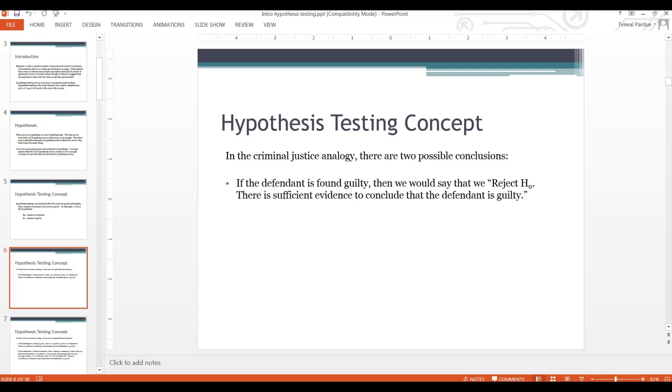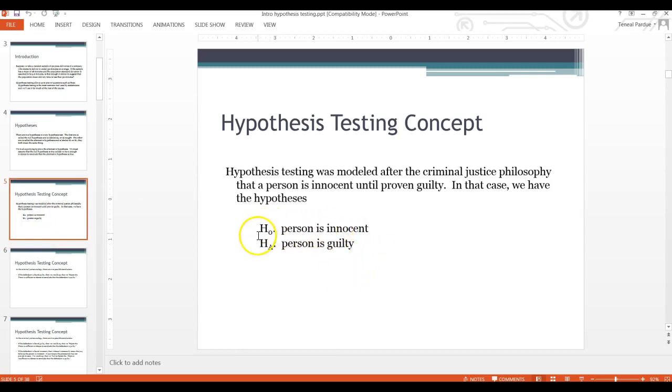Now, in the criminal justice analogy, just as in hypothesis testing, there are two possible conclusions. If they find the defendant guilty, so if they find that there's enough evidence for the alternative hypothesis, the way they would phrase that is: reject H naught.